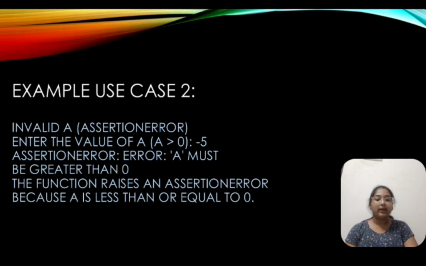We have given A as minus 5, which is not greater than 0. Minus 5 is less than 0. So the function raises an assertion error because A is less than or equal to 0. In this way, you can find an assertion error.